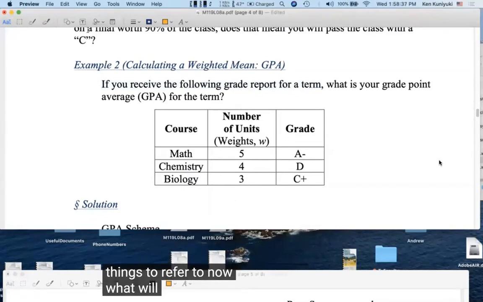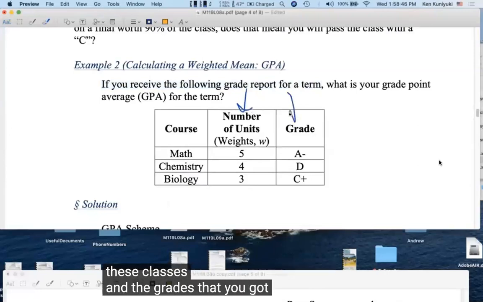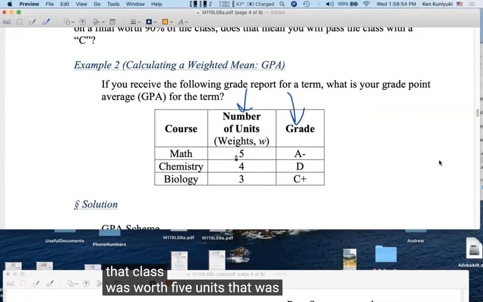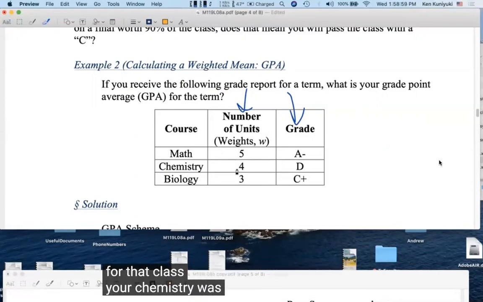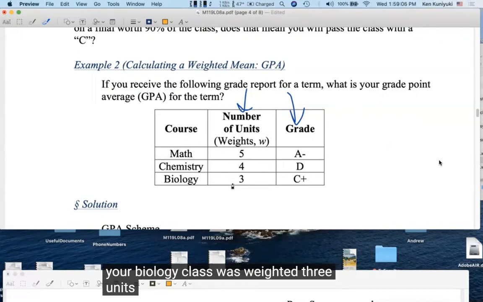Now, what will be important will be the weights here, which will be the numbers of units for these classes, and the grades that you got in these classes. So the key thing here is not so much that you took a math class, it's that that class was worth 5 units. That was the weight for that class. Your chemistry was weighted 4 units. Your biology class was weighted 3 units. And here you have the corresponding grades.